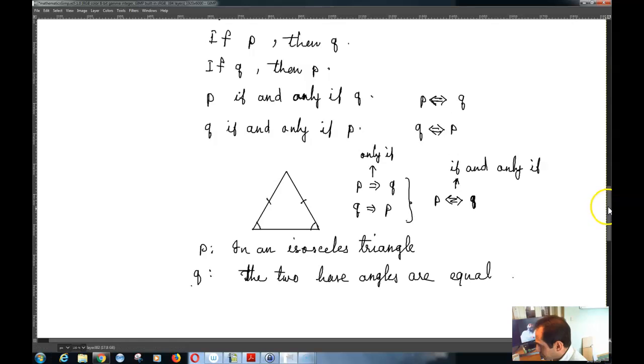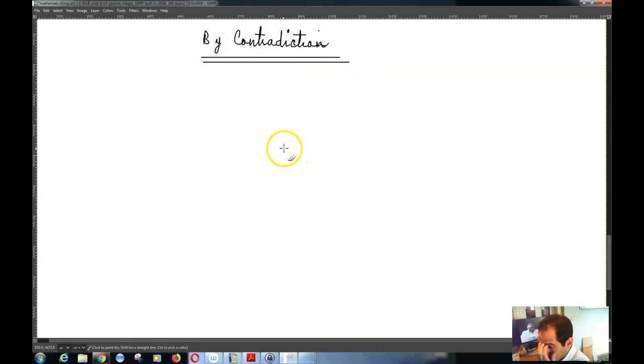Now there is another method that you can use in order to validate your statements, which is called contradiction. Let's see what contradiction is. Contradiction is also a way that we use in mathematics for many purposes, for proving things, for disproving things, and so on.